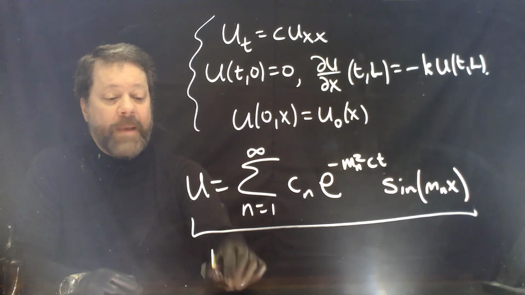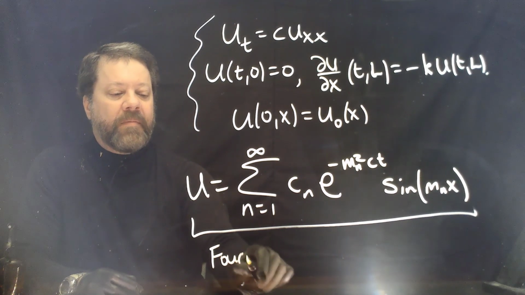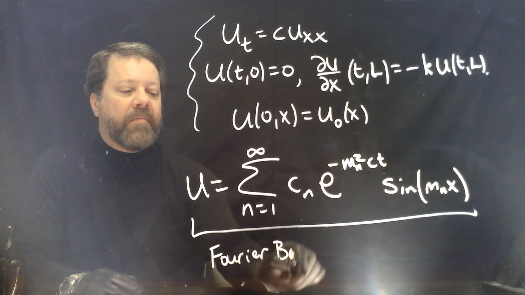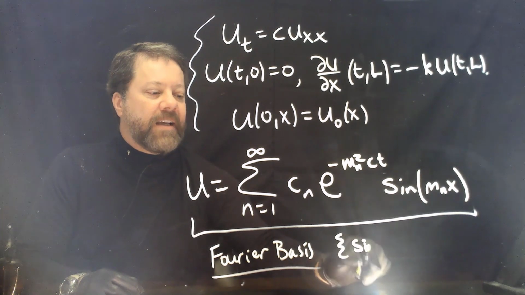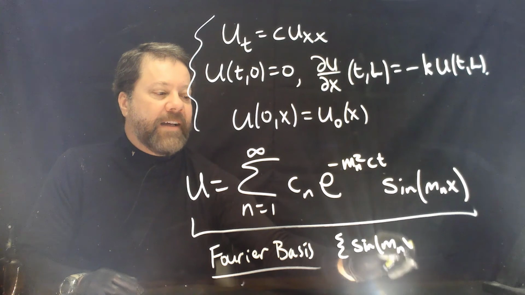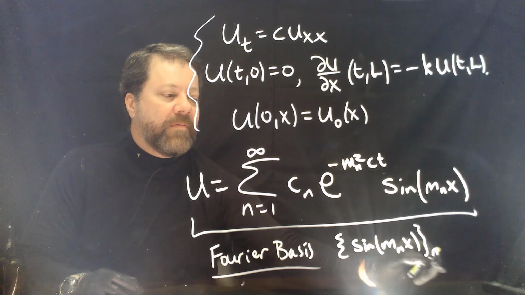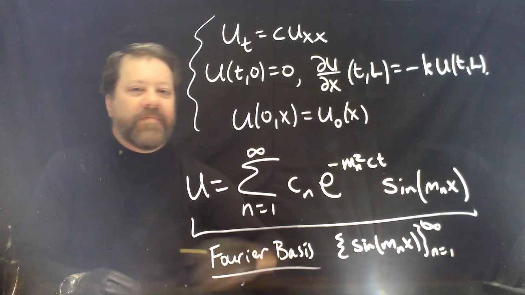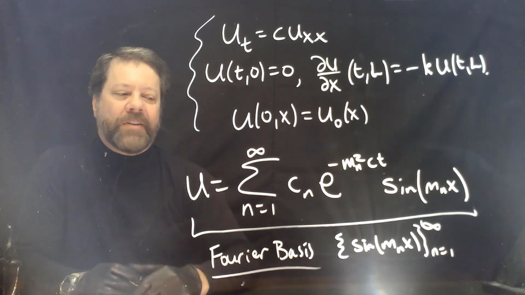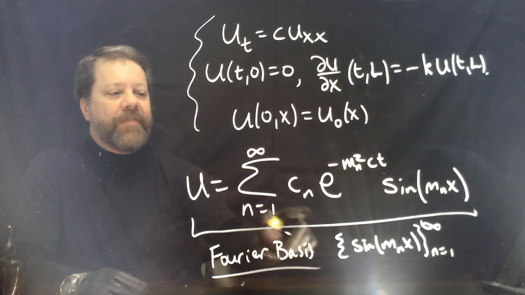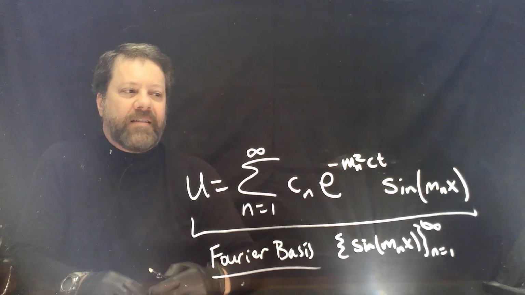Our Fourier basis this time is the sine of these mnx's. We'll use these to pick apart the initial data to figure out the coefficients.